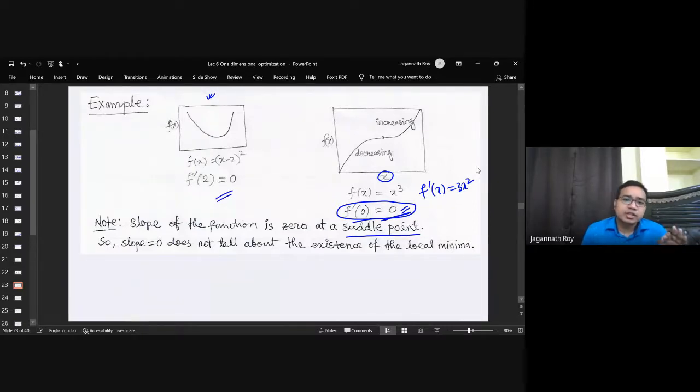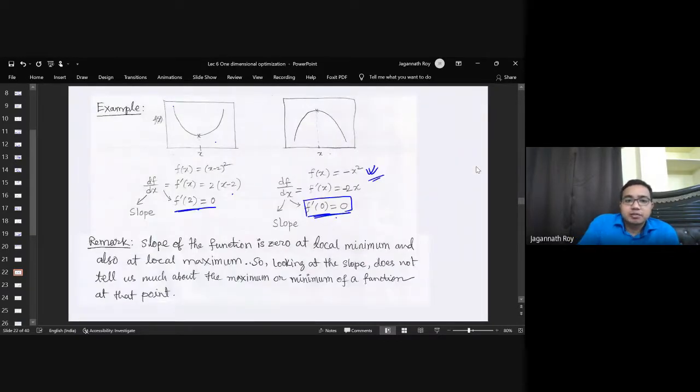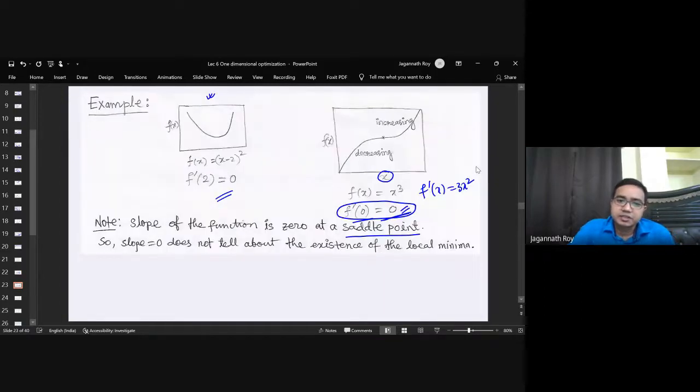It just says only a necessary condition. If you want to find the extremum point, we have the derivative equal to 0, the first order necessary condition. It can also be a saddle point.